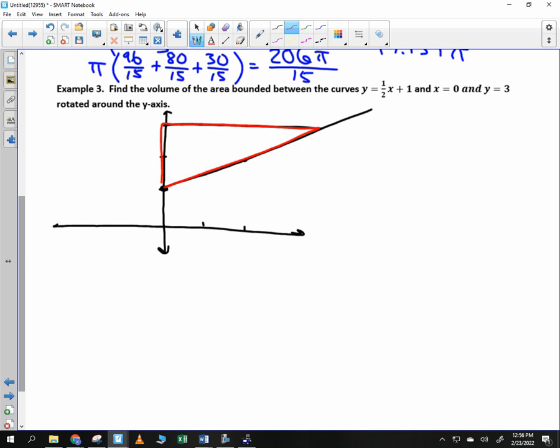And notice how instead of rotating it over the x-axis, we are rotating it over the y-axis. So instead of drawing a vertical rectangle, I'm going to draw a horizontal rectangle. What's the thickness of that rectangle?